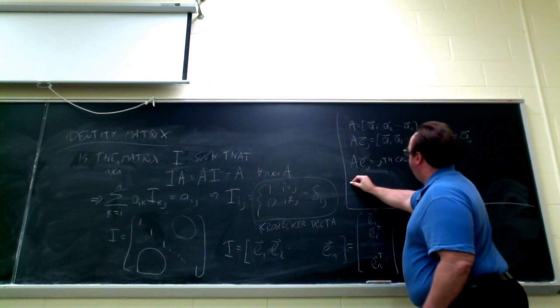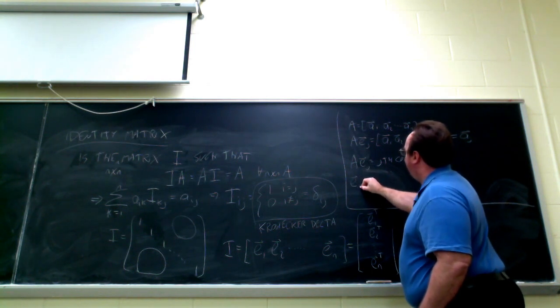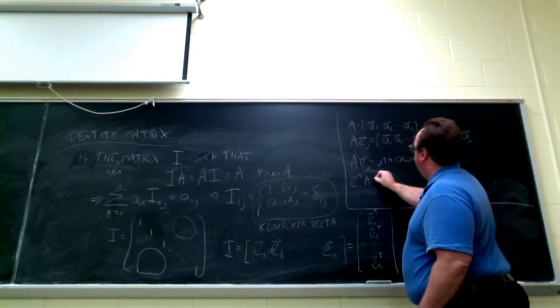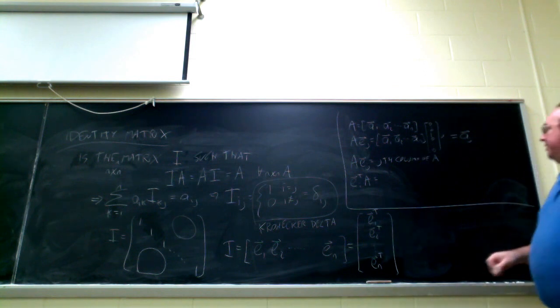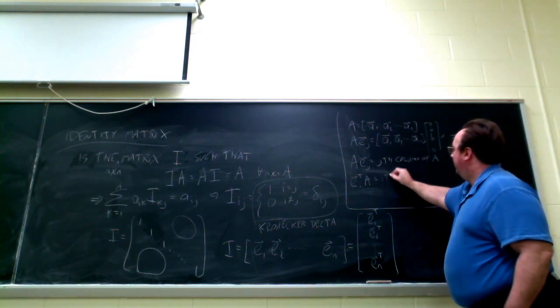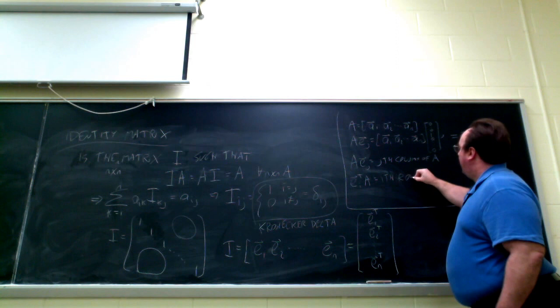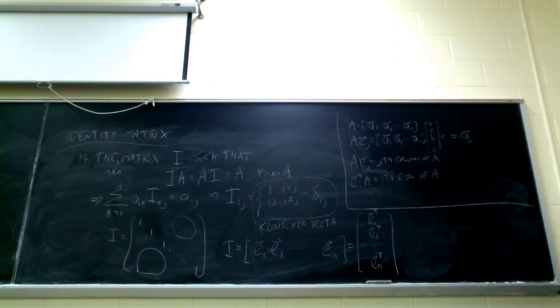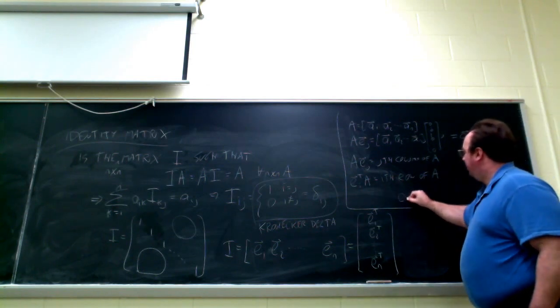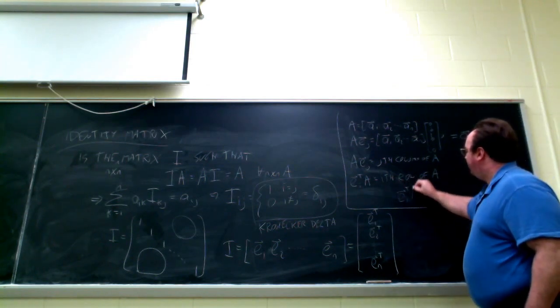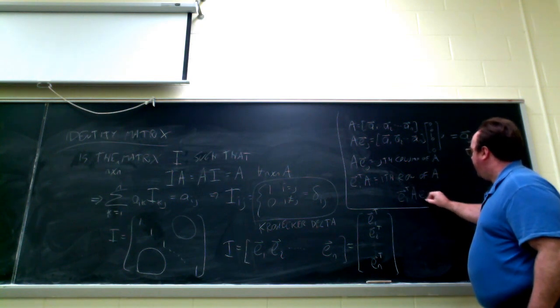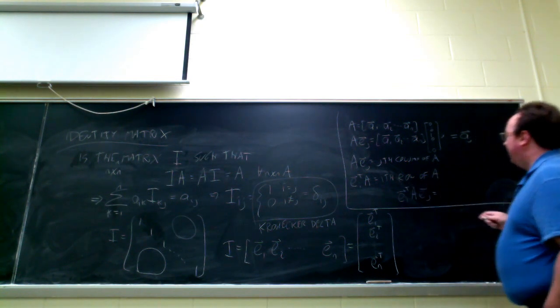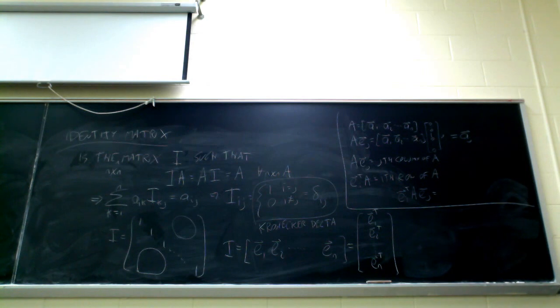Similarly, if I multiply on the left by e_i transpose, then that is the ith row of A. So finally, if I put the two together, e_i transpose A e_j: you take A e_j, that's the jth column.